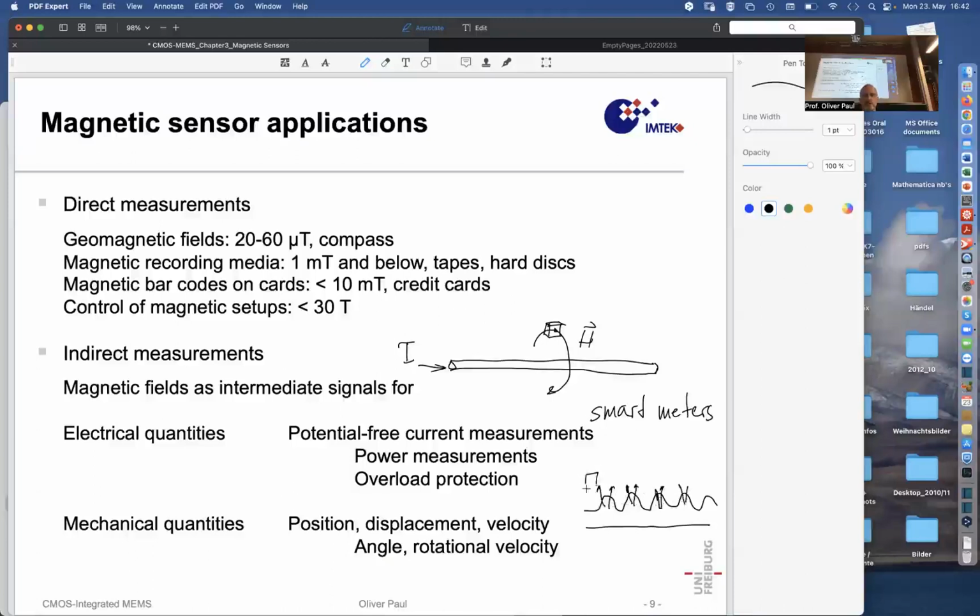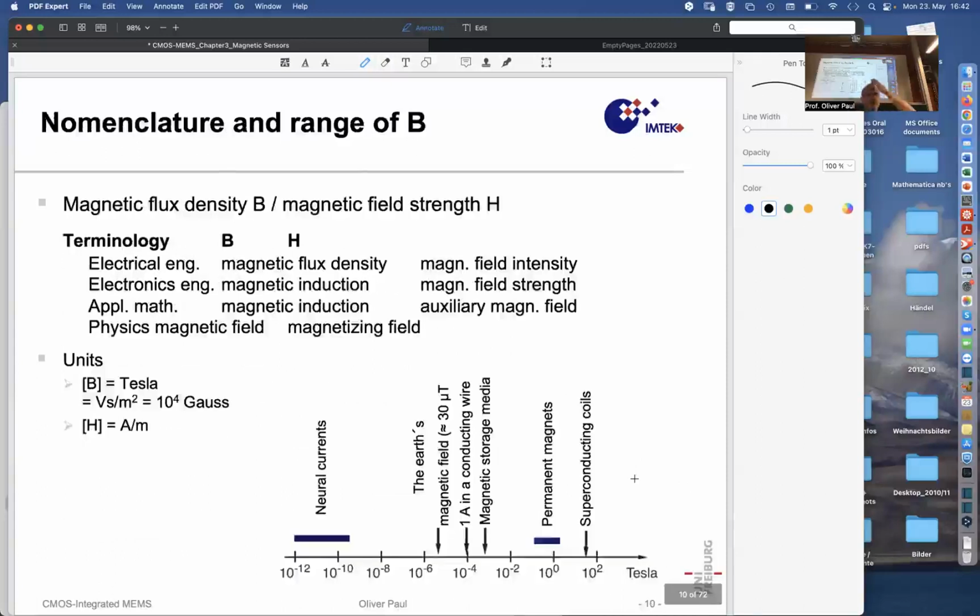And if you move with a Hall sensor again over this object, you can count the number of steps that you have passed by, and therefore you can know something about the position. It's very schematic, but that's the general idea. For position, for changing position, for velocity, for angle, for angular velocity, etc. As in the motors.